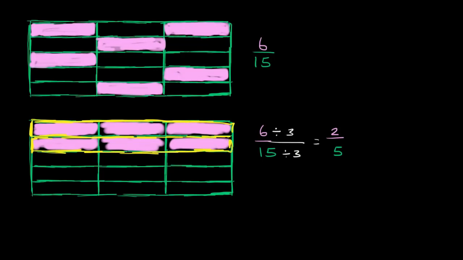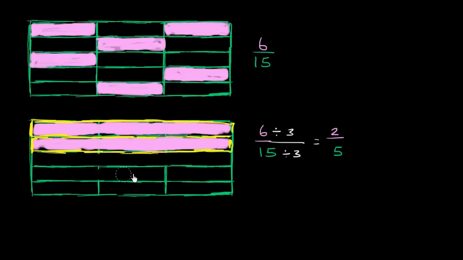And actually, let me color it in a little bit better. So you have 2 sections of 3. And if you were to combine them, it looks just like this. Notice this is covering the exact same area as your 6 smaller ones did. And then how many equal sections of this size do you have on this entire thing? Well, you have 5 equal sections. This is one section of 3 right over here.